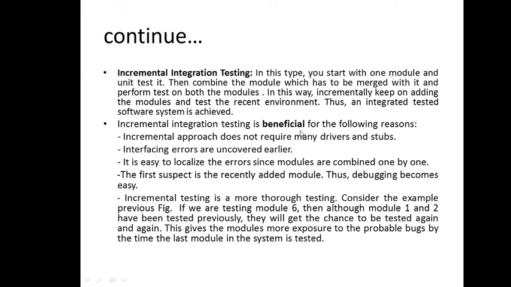Now what is the benefit of performing this incremental integration testing? The incremental approach does not require many drivers and stubs as compared to the Big Bang approach. Interfacing errors are uncovered earlier because we are taking small integration steps and errors are being localized also.